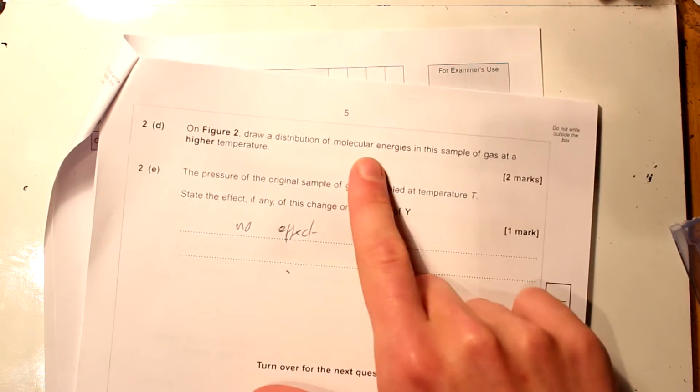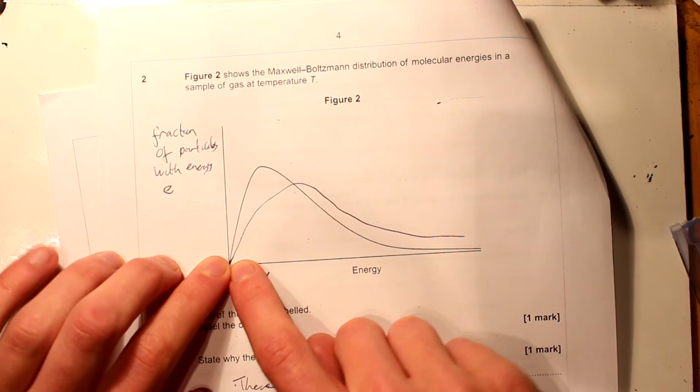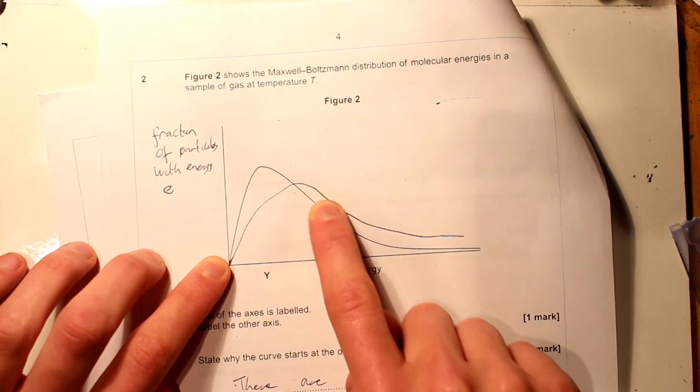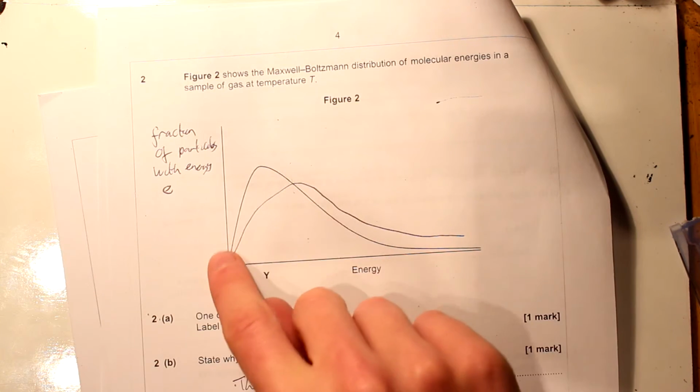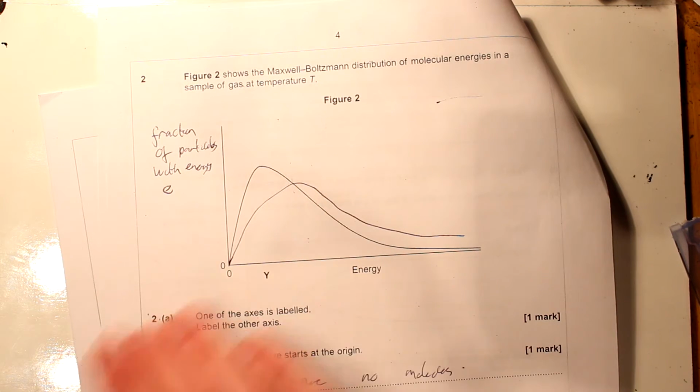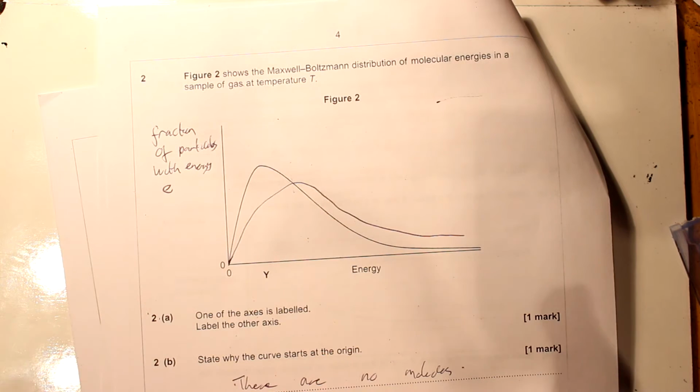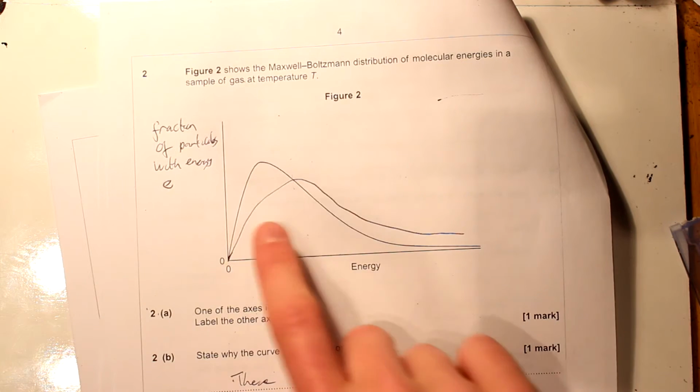Next page. On figure 2, draw a distribution of molecular energies in the sample of gas at a high temperature. This explains what I've drawn. I've drawn the graph lower, and it only crosses once, which is a marking point. The first marking point is for drawing it lower and shifted to the right, so the most probable peak needs to be further to the right and lower down.